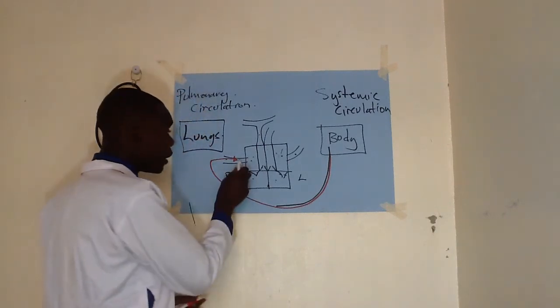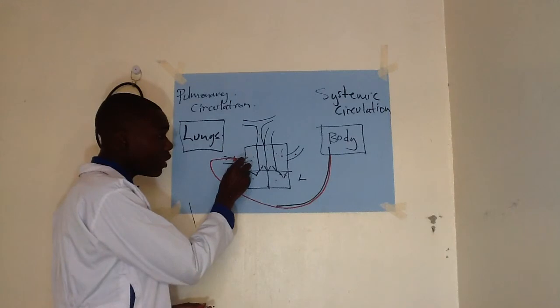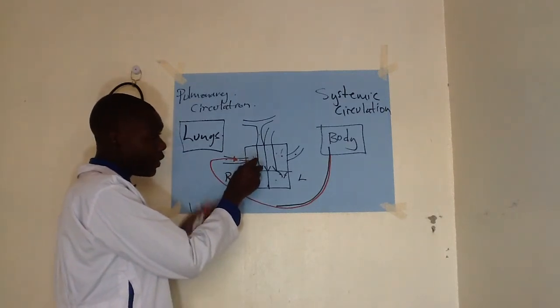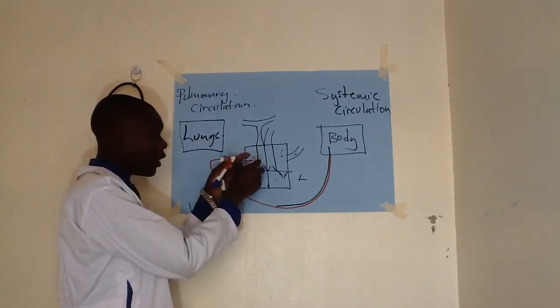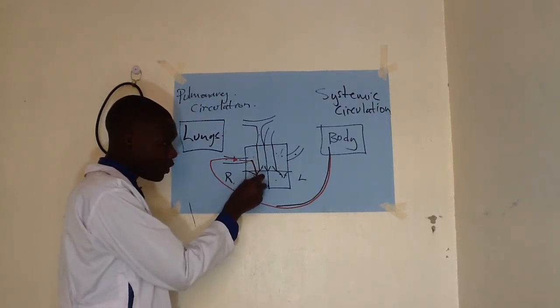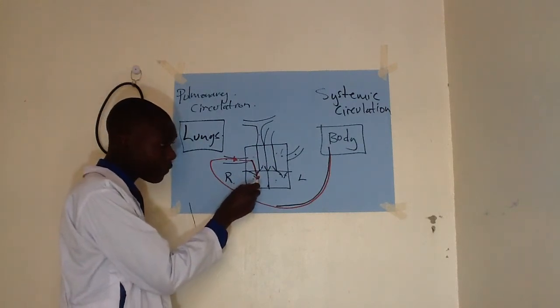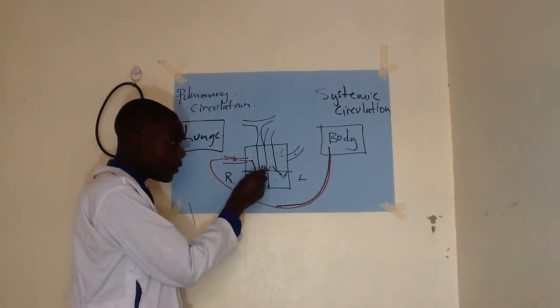So after entering, this blood of ours, which is deoxygenated, goes into our right atrium. It crosses the tricuspid valves to the right ventricle. It moves.